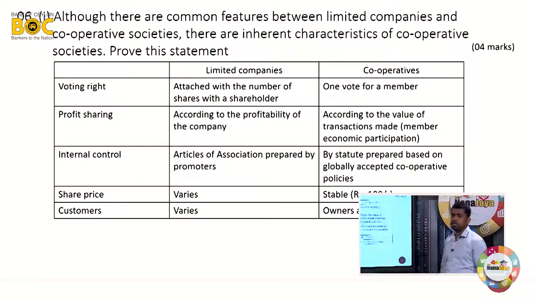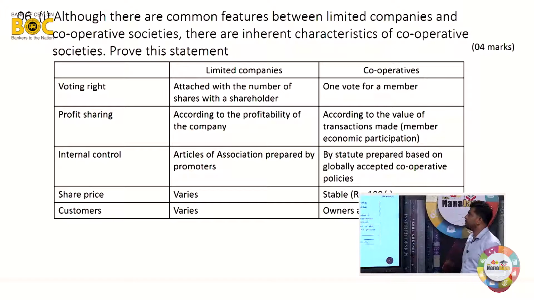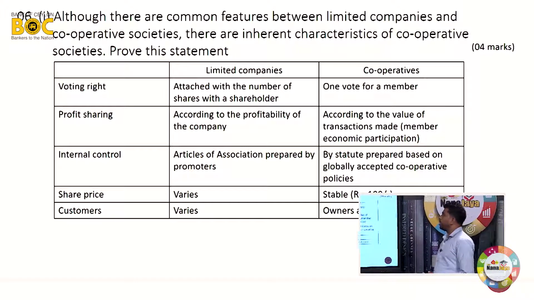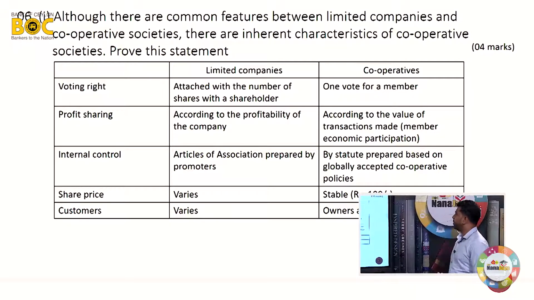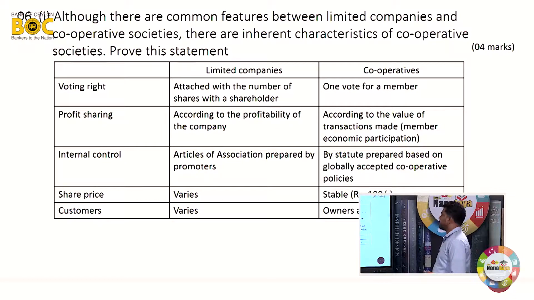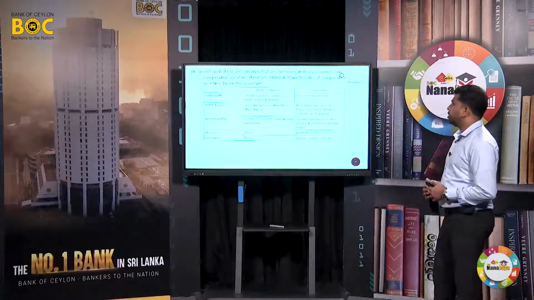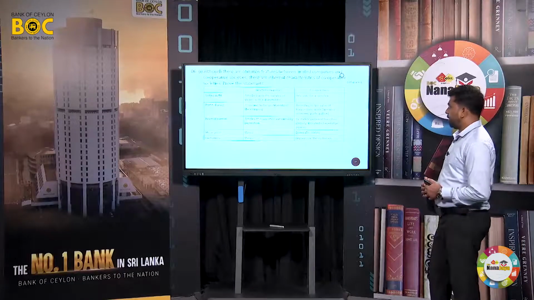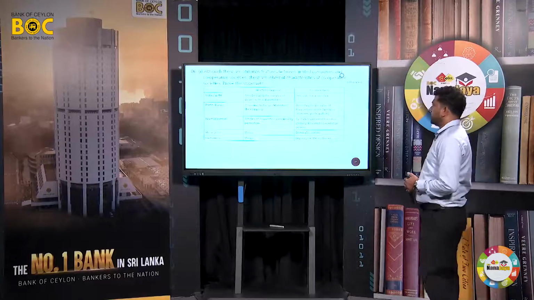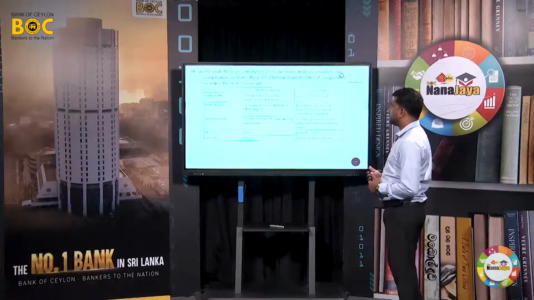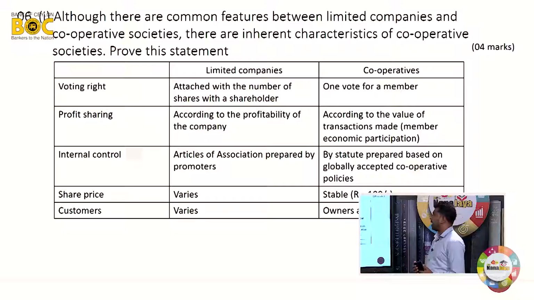Question number 6. Although there are common features between limited companies and cooperative societies, there are inherent characteristics of cooperative societies. Through this statement, we have to take some features to compare limited companies and cooperative societies and highlight the inherent characteristics of cooperative societies.